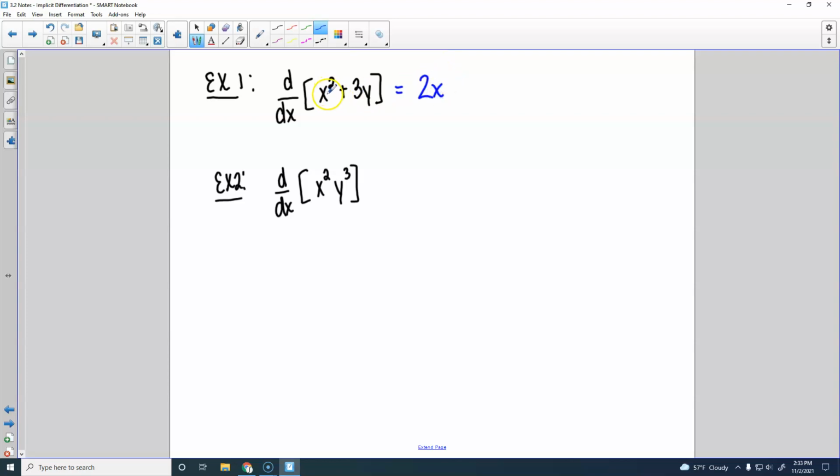Because it is an x, and I'm taking the derivative with respect to x, I don't have to put anything extra with it. I could put dx over dx, but that would just be 1, so it's unnecessary. But if I take the derivative of 3y, the derivative is 3, and because this is a y, and I'm taking the derivative with respect to x, I have to put dy over dx next to it.